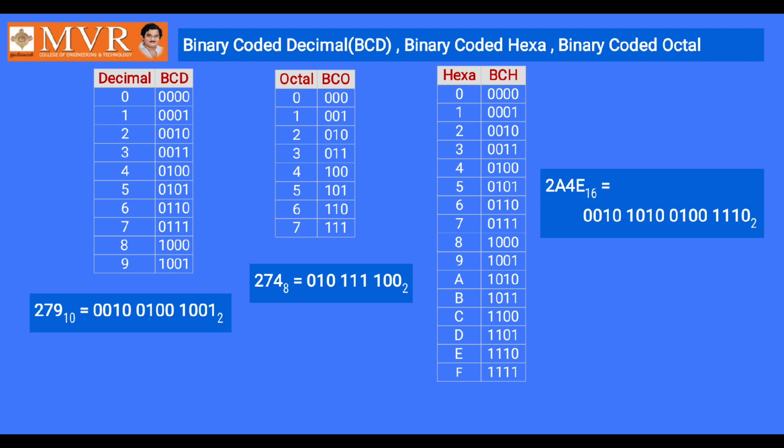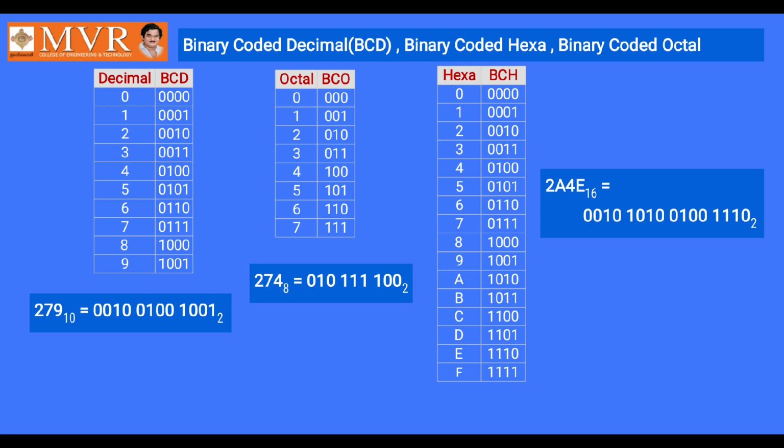See how you write the value 279 base 10 into its binary coded form. It is not a binary value, it is binary coded. There is a difference between binary coded decimal, BCD, and binary. For a binary value, you simply divide 279 by 2. But for binary coded decimal, from the above table, the corresponding values are simply copied.